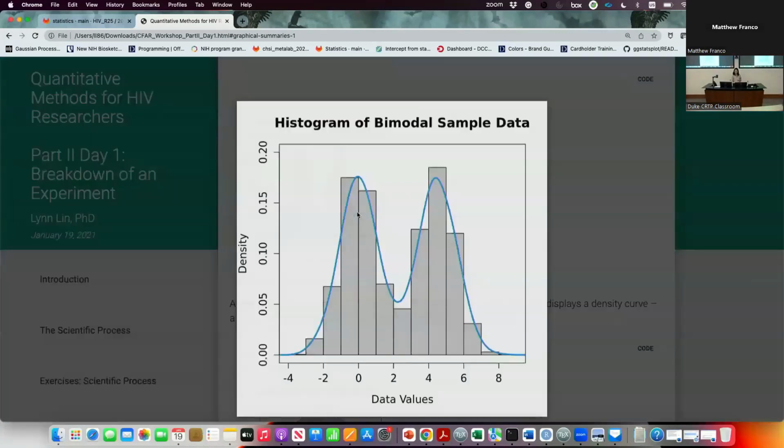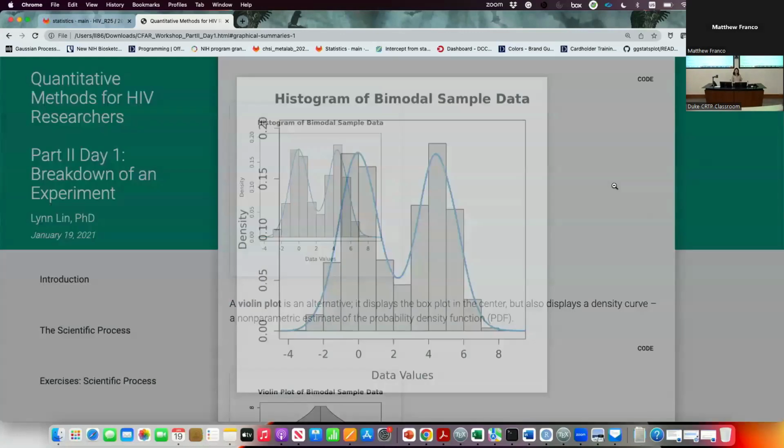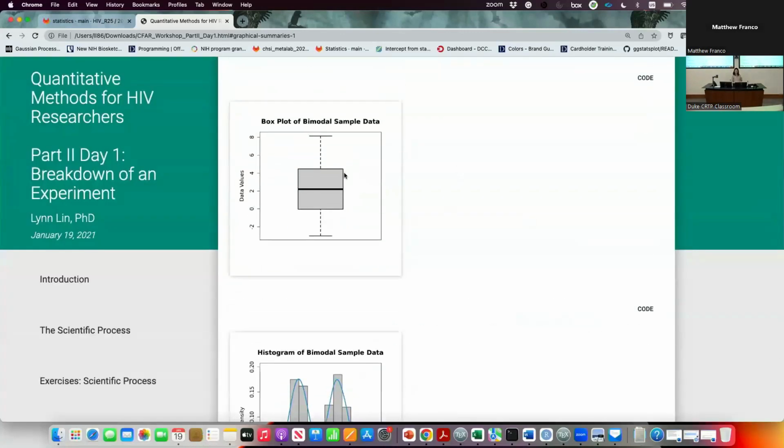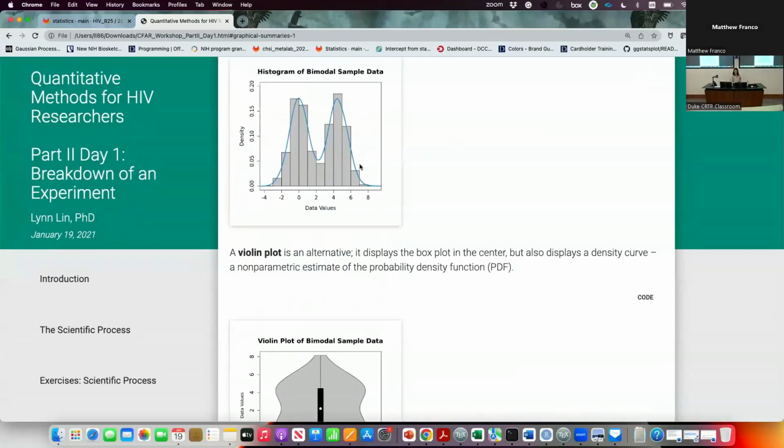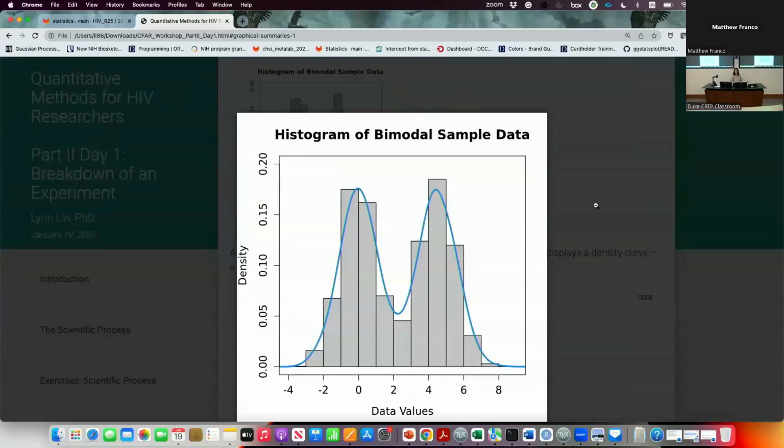But then if you look at the histogram of the data which was used to generate this box plot, this is actually telling us this distribution is bimodal. So that means sometimes the median or the mean is not a sufficient summary statistic about the center, the location.